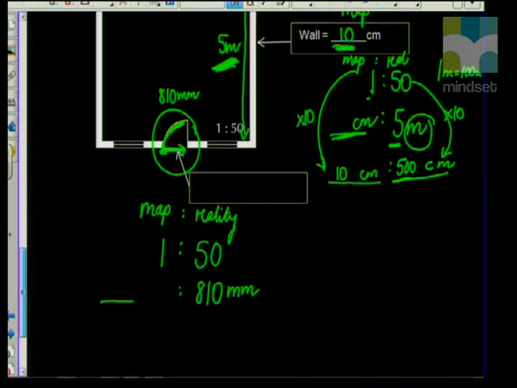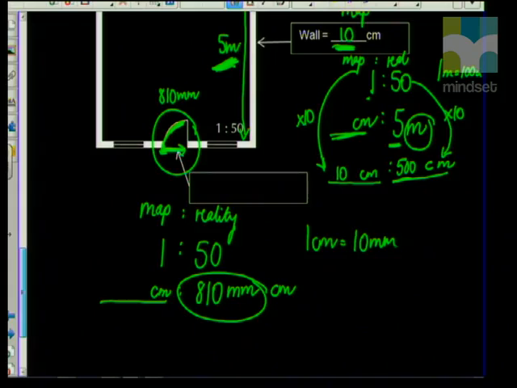And I want something on this side that is related in centimeters. I would first of all change this then to be in centimeters. I know that 1 centimeter is equal to 10 millimeters. So therefore, if I divide this by 10, I will find out that I've got 81 centimeters in real life as my door.